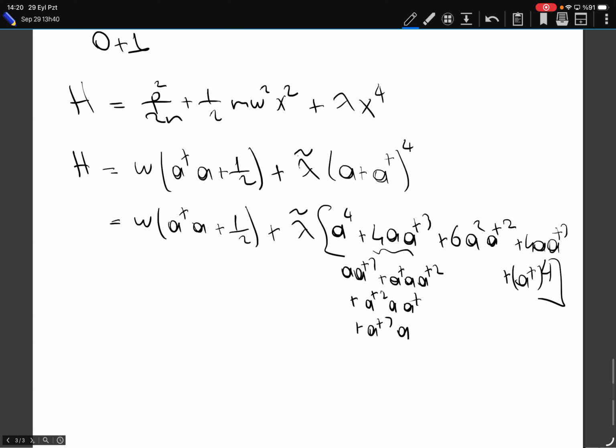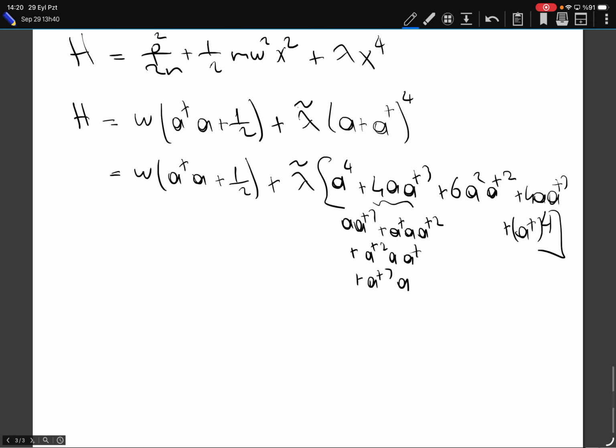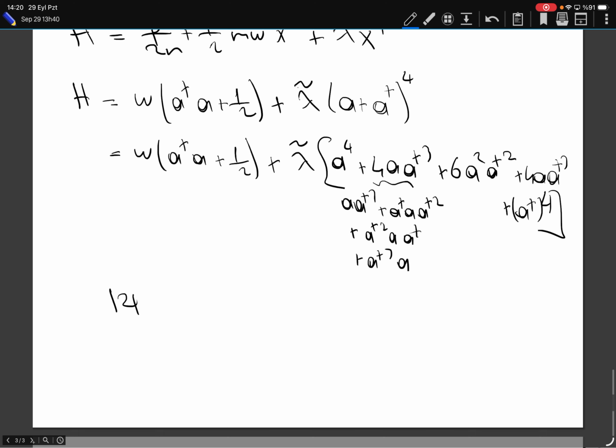So what will this tell me? Well, let's see. What is the Hamiltonian? Well, it tells me how my system evolves. Right? So let's say that I start with a system, let's say in the ground state. There are no energy packages. Or let me put one energy package. There's one energy package in this system. This is at the time t equal to 0.